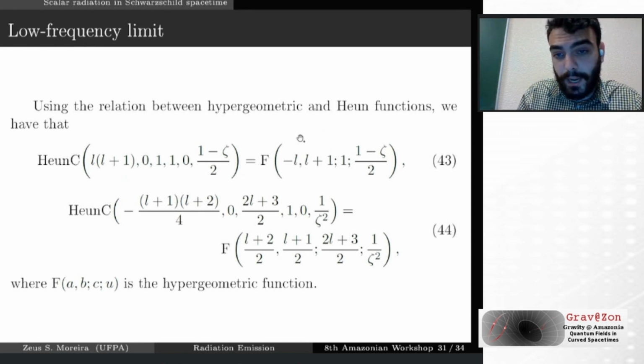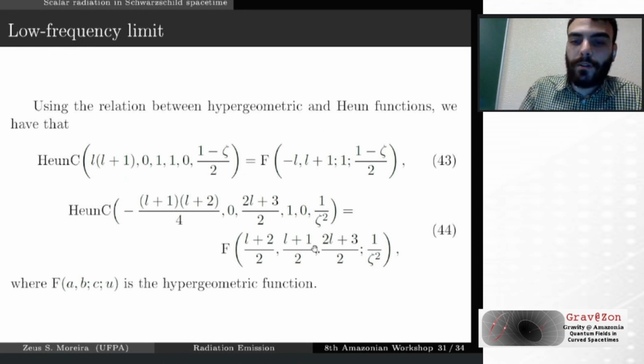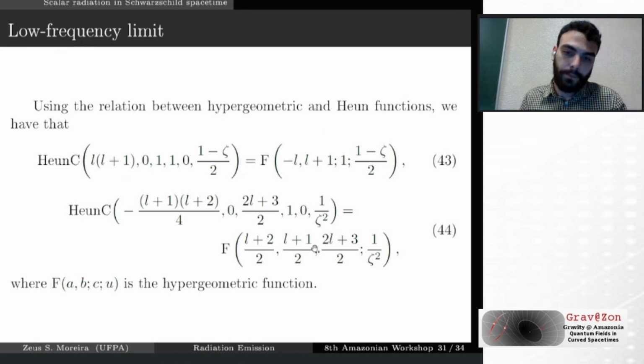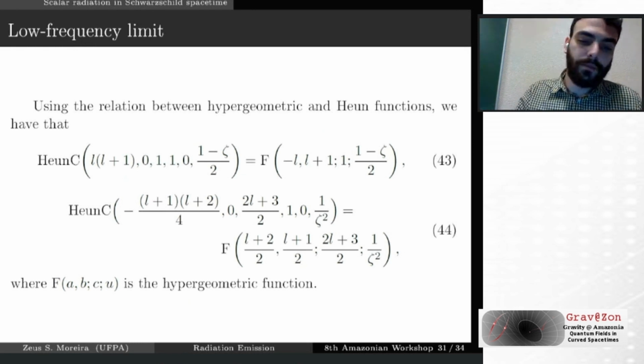So these would be the PL and this would be the QL. And this is a very well-known result in the literature. When you take the scalar field in Schwarzschild space-time, you take the radial sector and analyze the low frequency regime, you get the Legendre equation. So we basically are arriving at the same result, but with a different route.